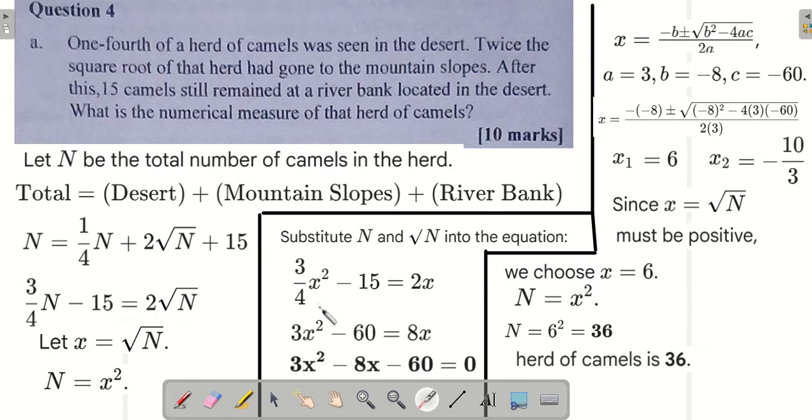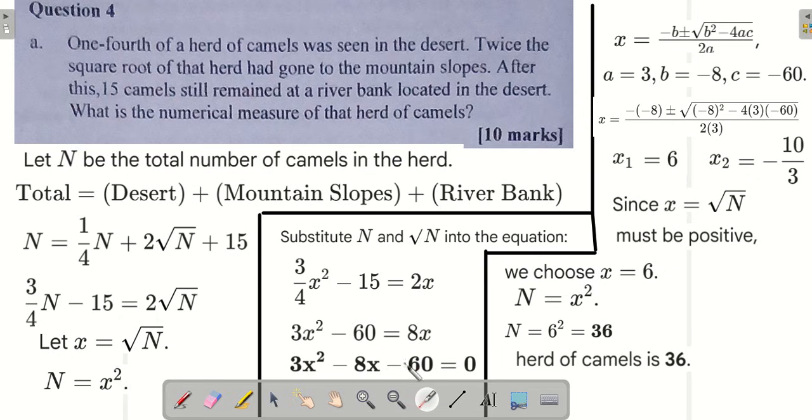Then I'll multiply both sides by 4, and I'll get 3x squared minus 60 equal to 8x. Then you group like terms, so you get 3x squared minus 8x minus 60 equal to 0.